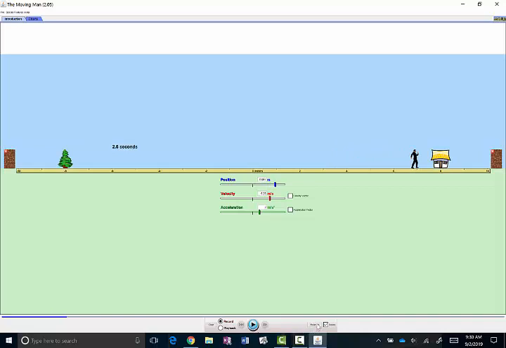And I'm going to do that again because that happened pretty quickly. Acceleration 2, push play. And they want to know what happens to the velocity of the man where there is an acceleration.